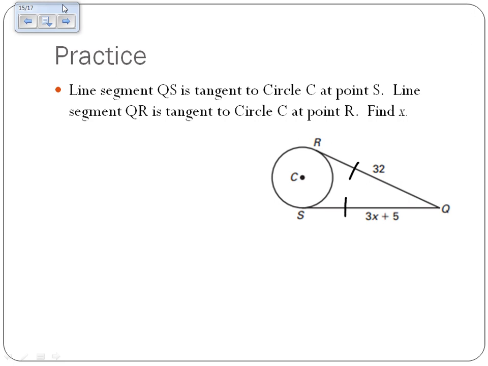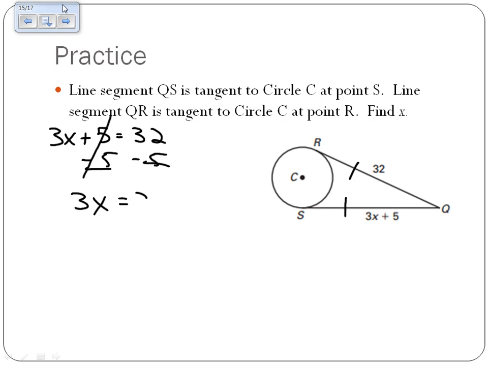So what is my equation I can write? 3x plus 5 equals 32. Subtract 5 from both sides. 3x equals 27. So x equals 9. If you wanted to check it, all you'd have to do is plug in a 9. Make sure you get a 32 back, because they have to be the same size. Questions? That one's pretty easy.